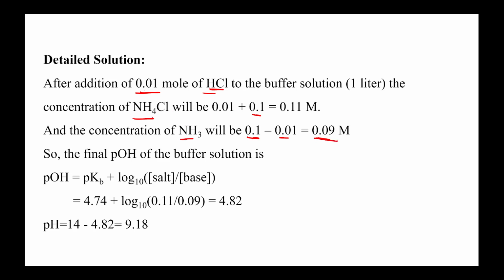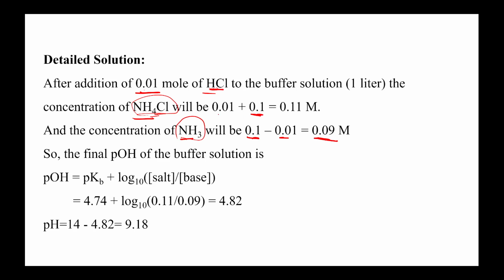Again, for NH4Cl, this is basically the conjugate acid. When you add HCl, it dissociates into H plus and Cl minus ions. Cl minus ions increase the overall concentration of the salt, and H plus ions decrease the concentration of the base.